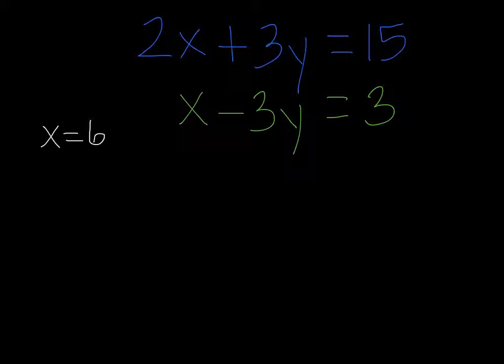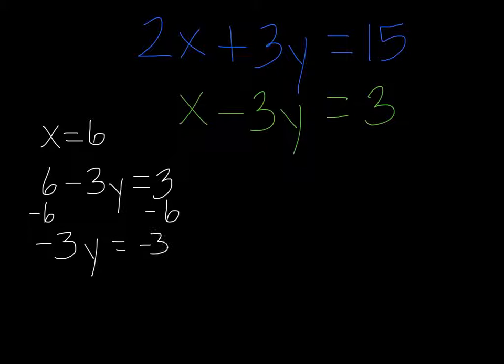So now we can choose either equation that we want and solve for y. Let's choose the second equation. Instead of x, let's put in 6, minus 3y equals 3. Let's get rid of our positive 6, so negative 3y equals negative 3. So y has a value of positive 1.